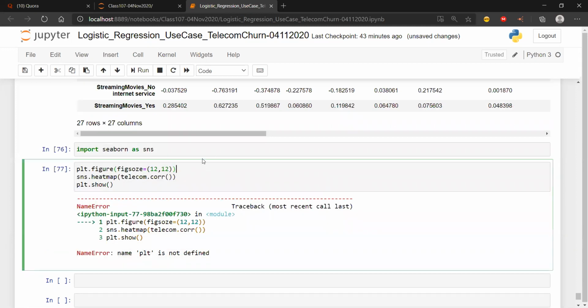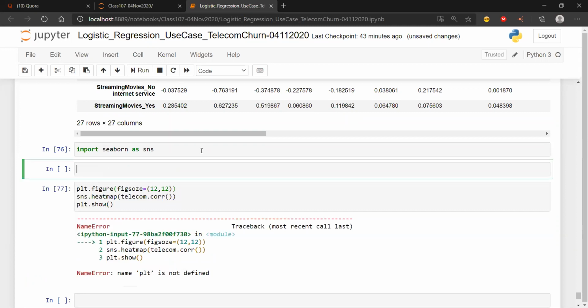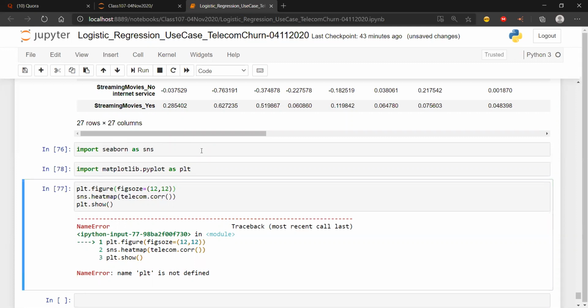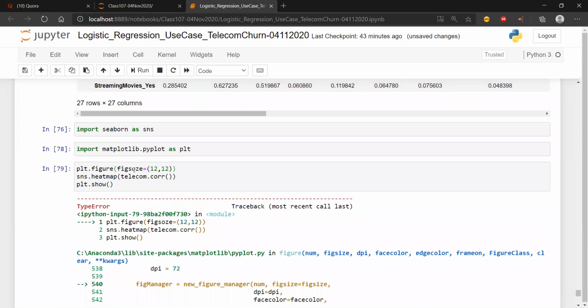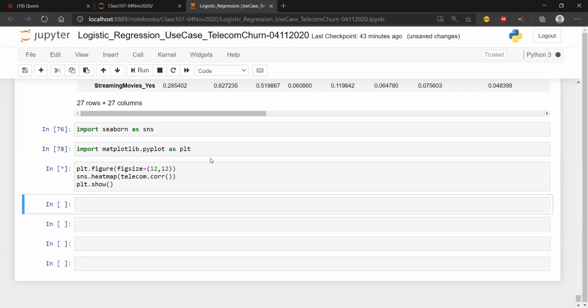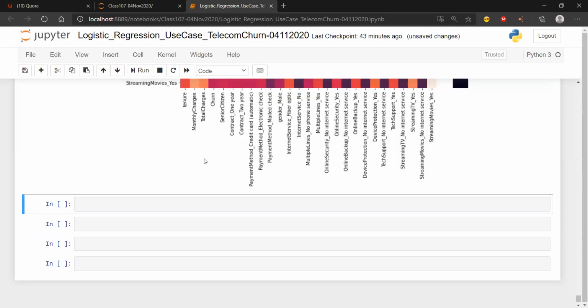Okay, I've not imported matplotlib. Very good. Import matplotlib.pyplot as plt. Right now, I think it should work. No, I made a mistake. Sorry, I did a typo.